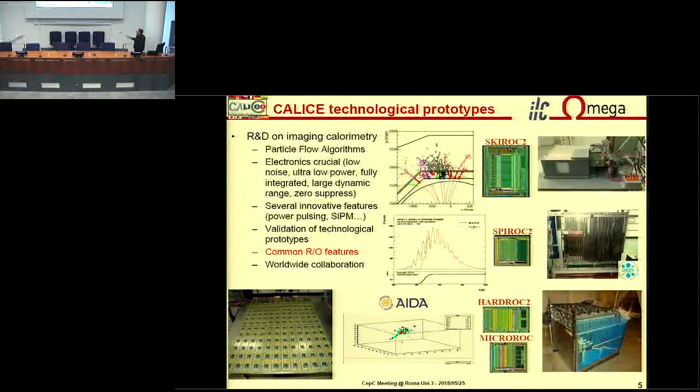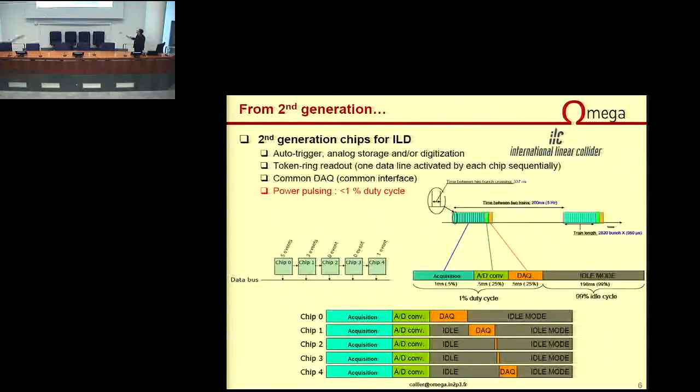For all of these chips which were developed for the ILC, we have some common readout features. I will not give too much detail. The chips are auto-trigger. They have analog storage and, except for the HARDROC, they also have digitization. They are read out by a token ring system, which means that every chip is read one by one.